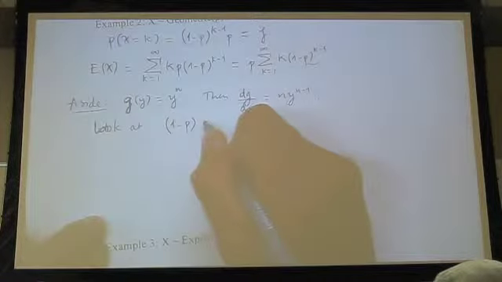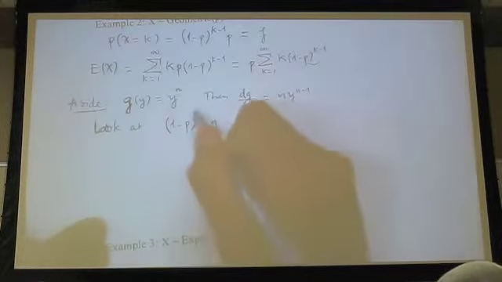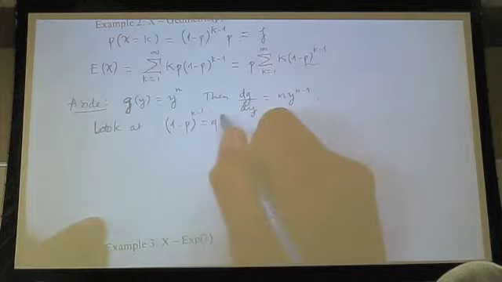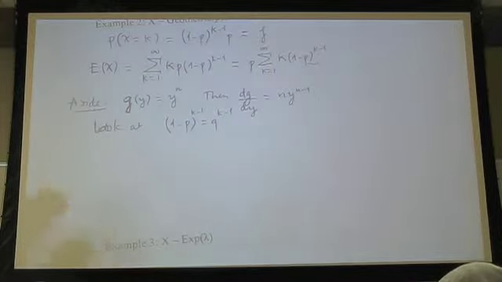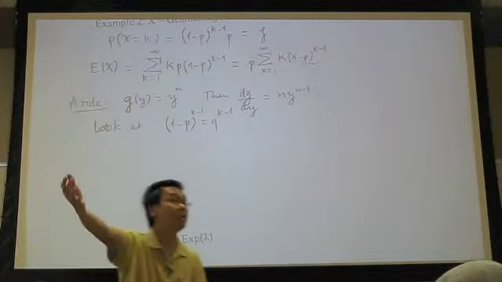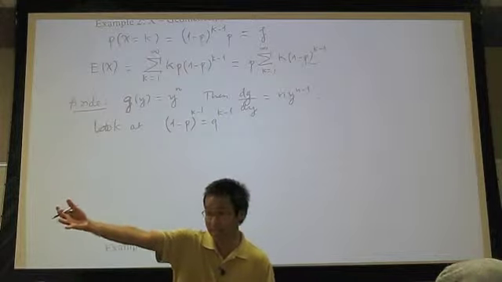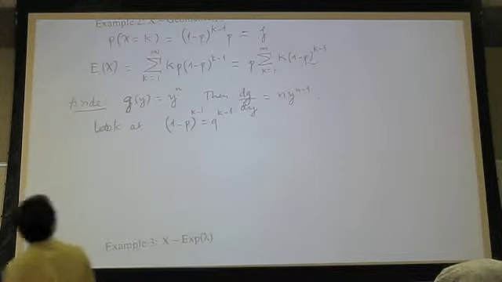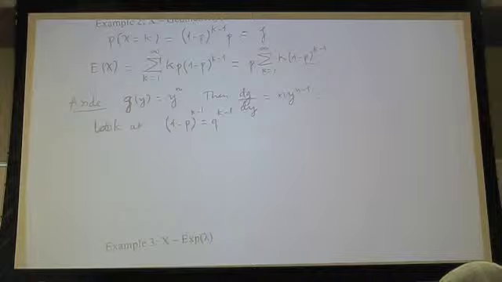So let's say this thing right here is equal to q, and this thing is to the k minus 1. This is q to the k minus 1. Agree? I didn't do anything so far. If I set 1 minus p to be the other probability, let's call it q, then 1 minus p to the k minus 1 is nothing but q to the k minus 1.